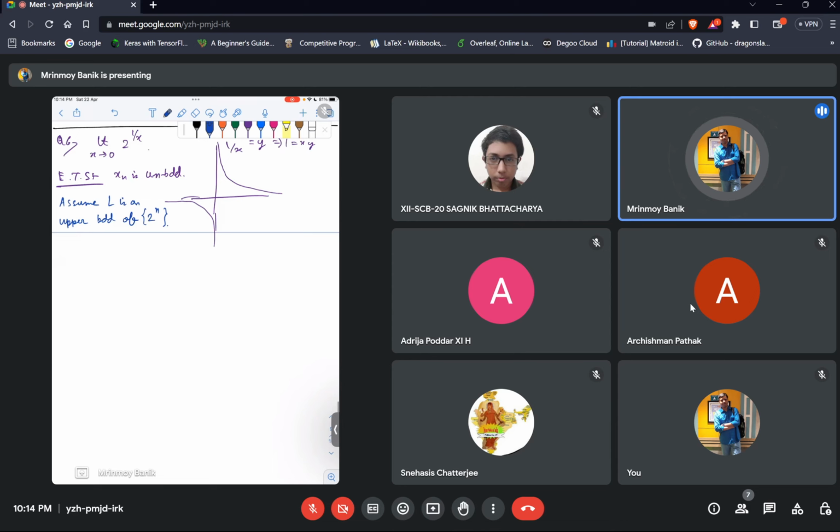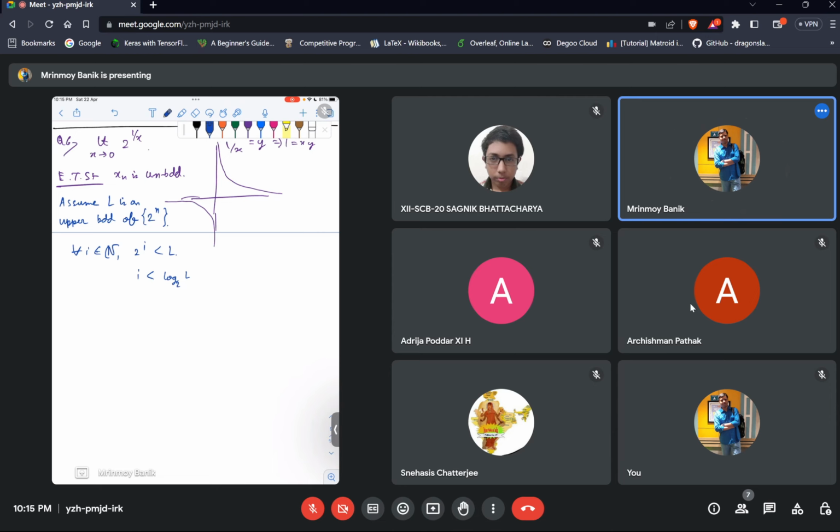If you assume L is an upper bound, therefore for all i inside the natural number set, 2 power i will be less than L. So if we take log on both sides, log to the base 2, log L to the base 2 is greater than i.